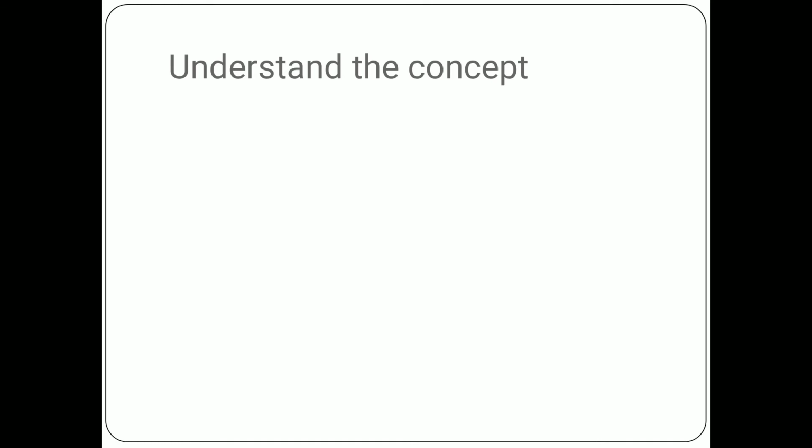First, we need to understand the concept. First we have financial accounting. Financial accounting deals with the classifying and the recording of transactions. So what do you understand by classifying and recording of transactions? If you have a business, there are some things that come in as sales, and sometimes we do purchases.